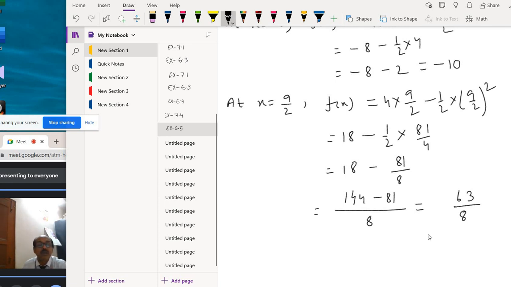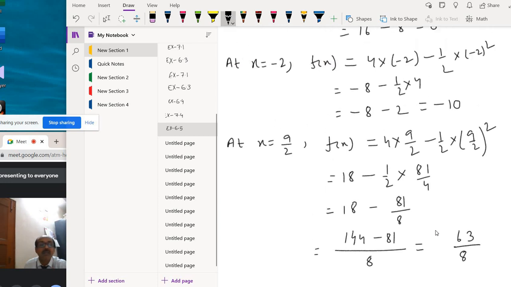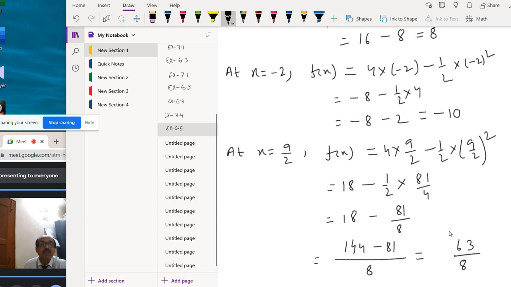Now 63 by 8 means 7.875. Okay, less than 8.